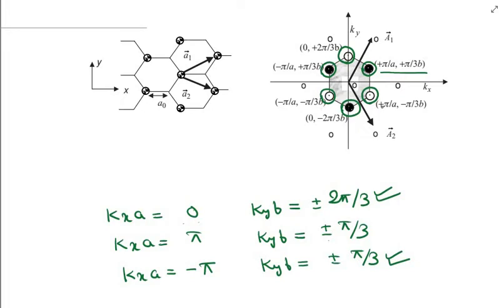So we have 6 points in the Brillouin zone, and the band gap is precisely 0 at each of these 6 points. Now note that each of these 6 points is basically shared by 3 unit cells. For example, there is a hexagonal cell like this. This is a reciprocal lattice.